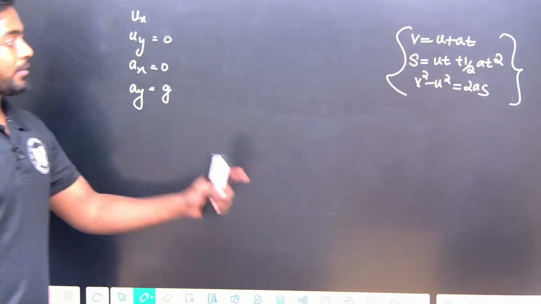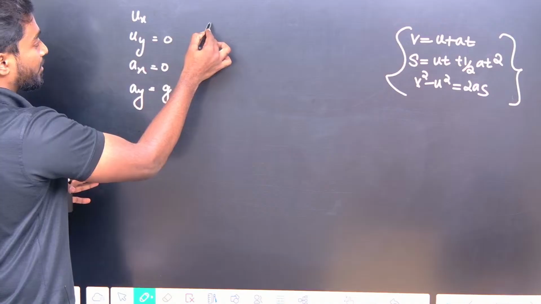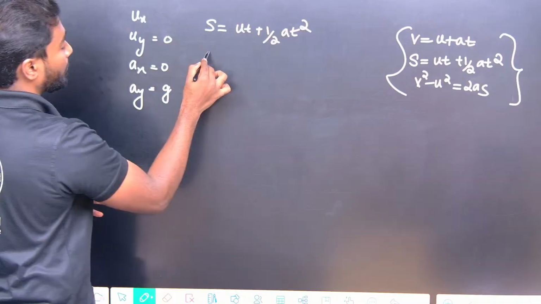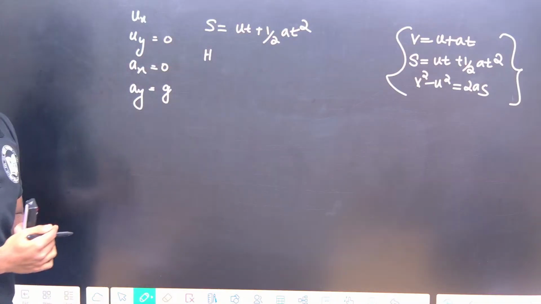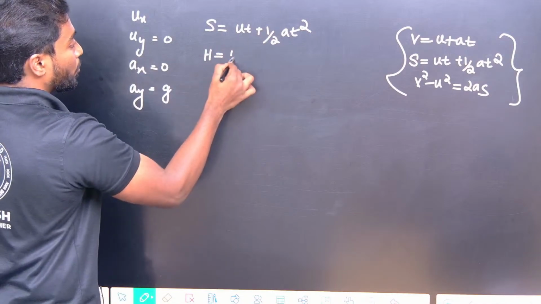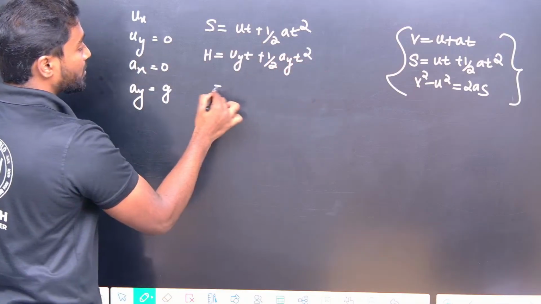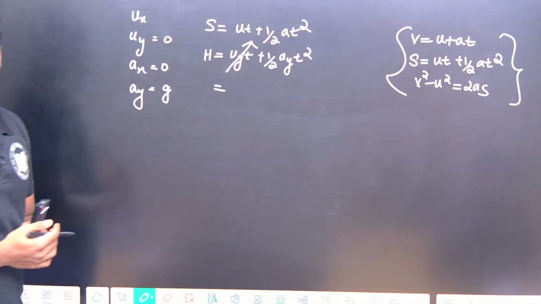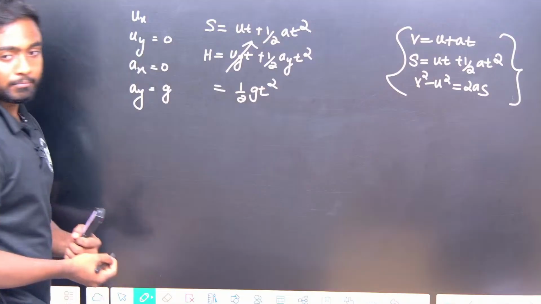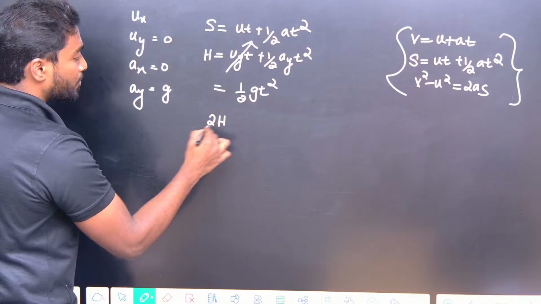Now let me find the path in the y axis and the path in the x axis. Let me take the y axis first. So s is equal to ut plus half at square, which is nothing but height h. In the y direction, h is equal to uy t plus half ay t square. Here uy is 0, so I can neglect it, leaving half g t square. So t is equal to root of 2h by g.